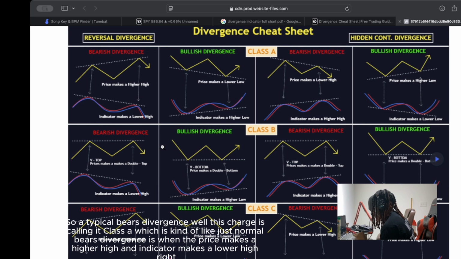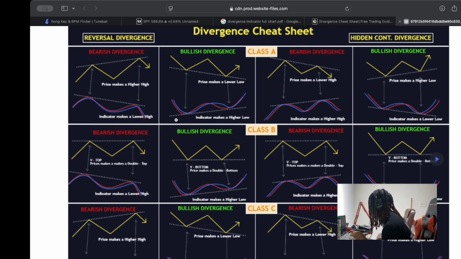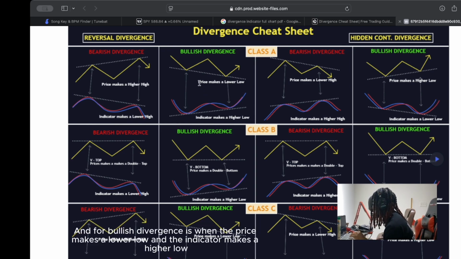A typical bearish divergence, which this chart calls Class A, is when the price makes a higher high and the indicator makes a lower high. Bullish divergence is when the price makes a lower low and the indicator makes a higher low.